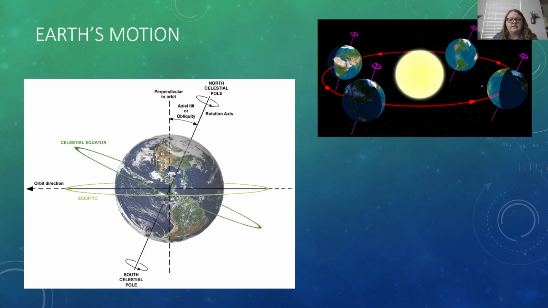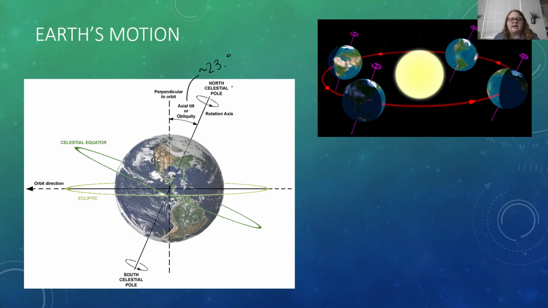All right. So let's move on to Earth's motion. There are two different ways that the Earth moves. It rotates about its axis where we have some axial tilt, and that's about 23 degrees.